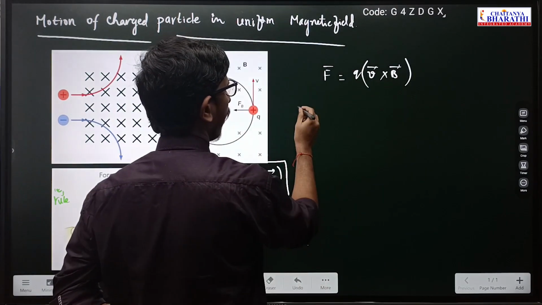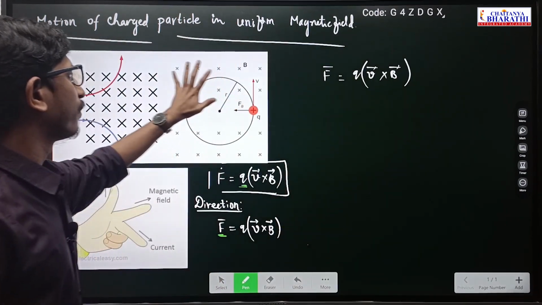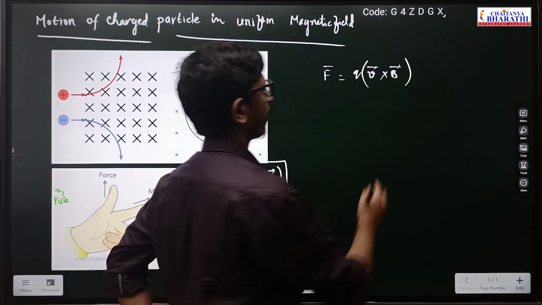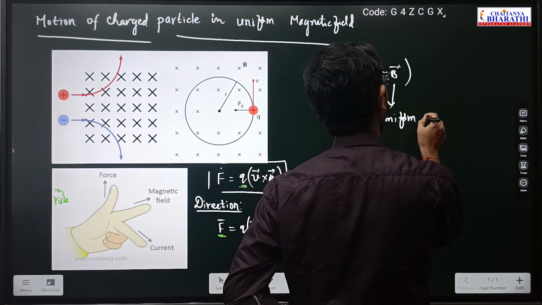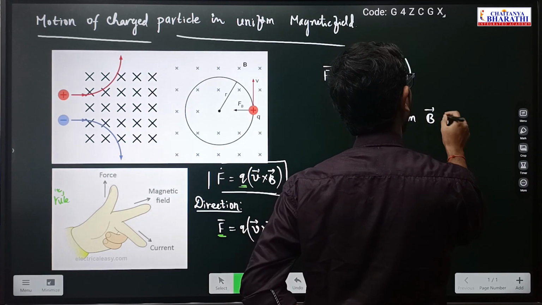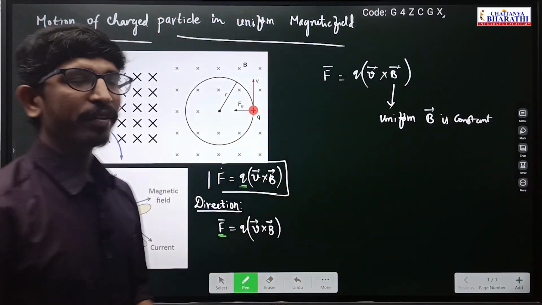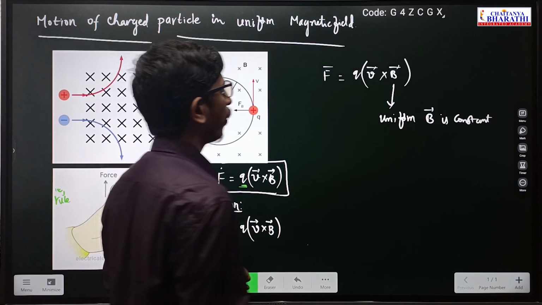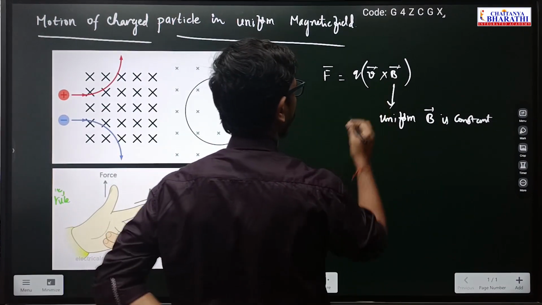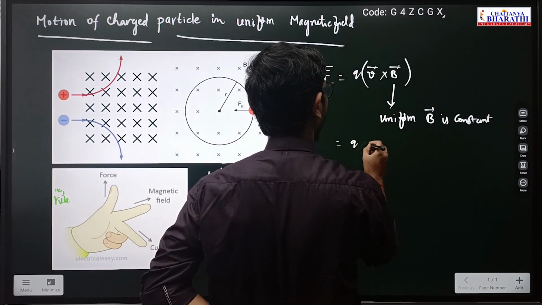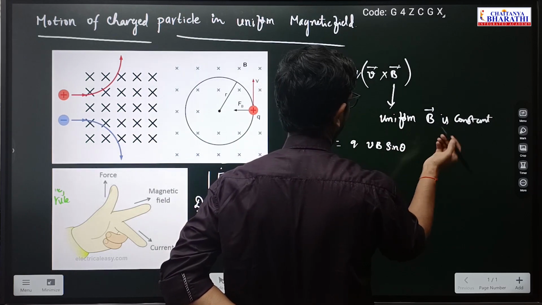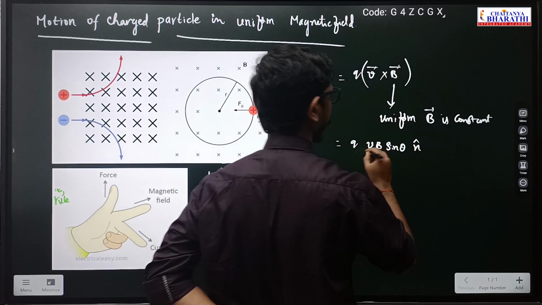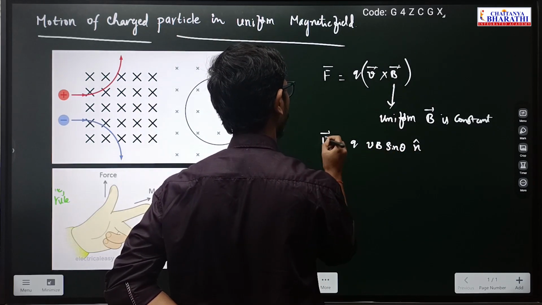Now, if the magnetic field is uniform, it means B bar is constant, both magnitude wise and direction wise. Writing the cross product with sine theta and n cap as the perpendicular direction, we get the F bar vector.